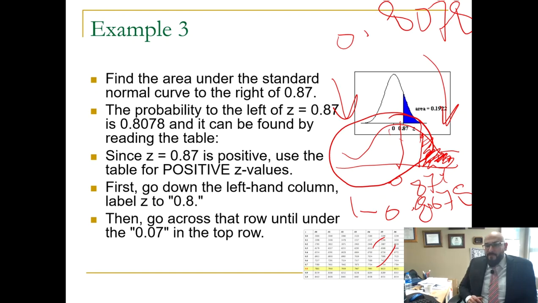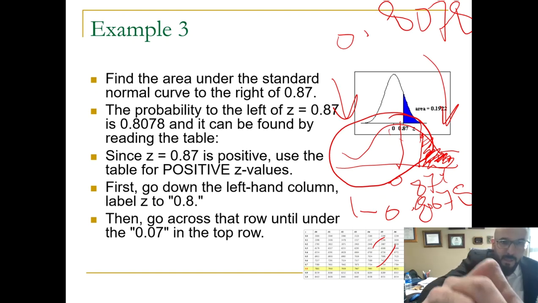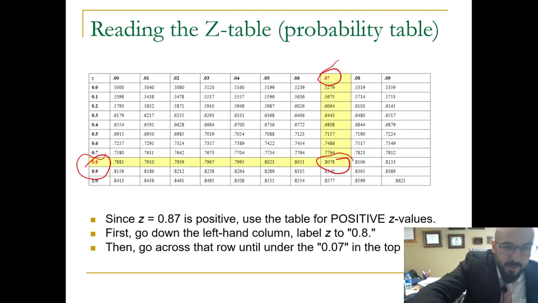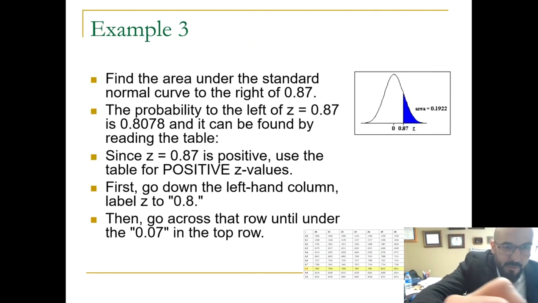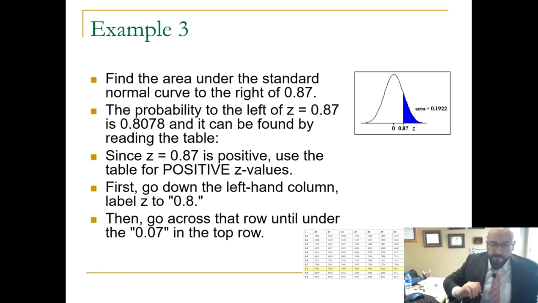We don't have to use the equation that we usually use, z equal to x minus the average, divided by sigma, because the z is already given to us.